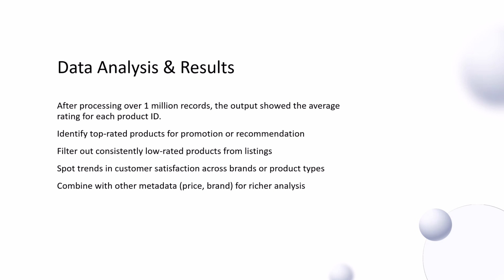And when we combine this rating data with other information like price or brand, we can create even more powerful analytic tools, or systems like recommendation systems. All of these insights were processed using MapReduce and saved in HDFS, ready to be used in future processing.